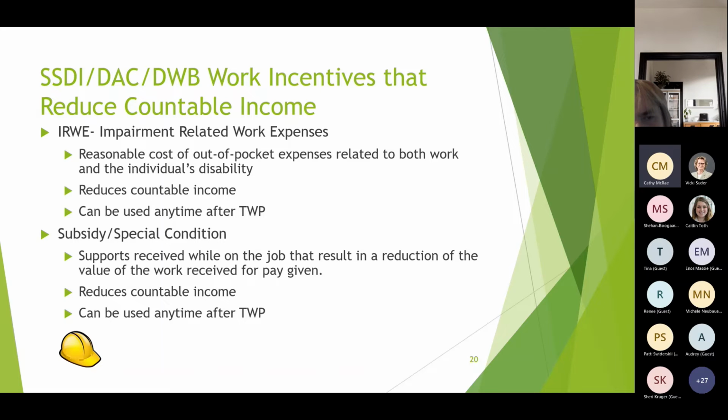They're both making $15 an hour, but one person gets extra support in terms of extra supervision, or is allowed to take extra breaks because their disability requires that. But they're making the same amount as all of their coworkers. That person is getting subsidy and special condition. And that can result in a percentage decrease in the amount of countable earnings that get applied to them.